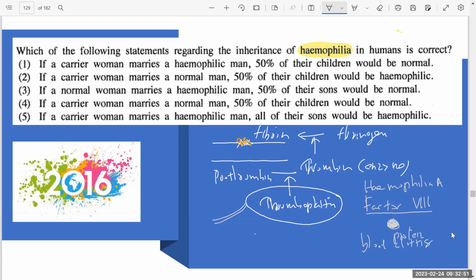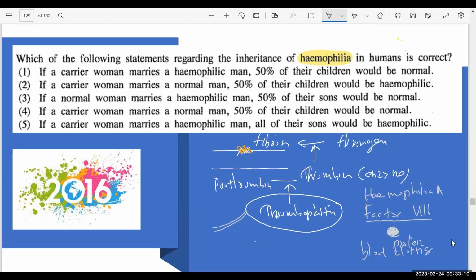Okay, now if this is a blood clotting pathway, where is factor 8 involved? We don't see factor 8 in this pathway. Blood clotting is a very complex process, but we learn only a summary of the blood clotting pathway.